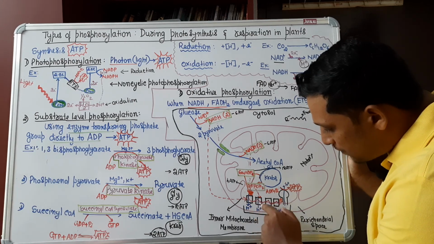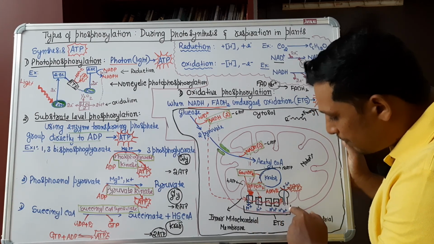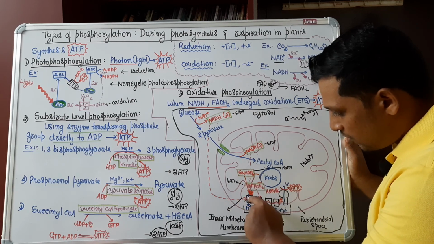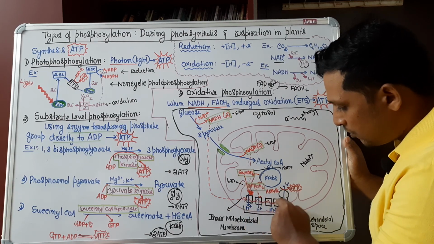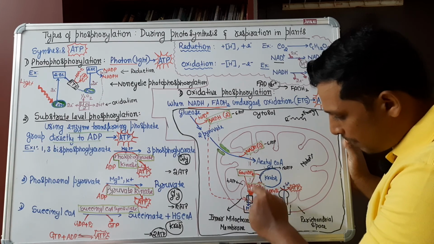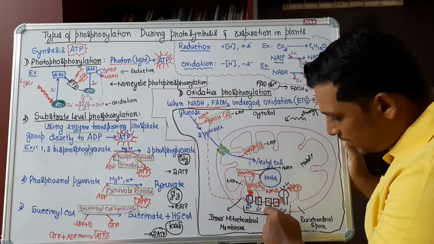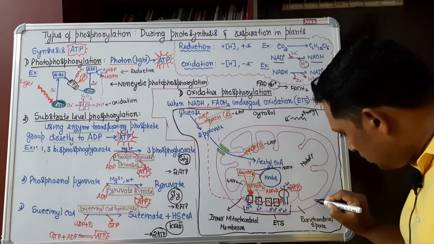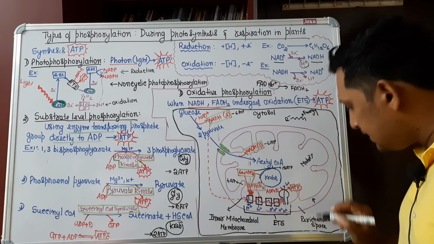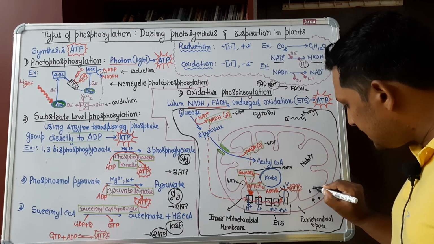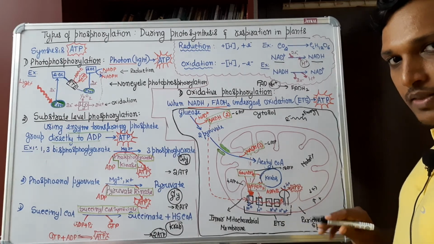So H plus ions are pumped. So what has happened? NADH has lost its electron to the ETS. When electrons are moving, a large amount of energy is released. The energy is utilized to pump the protons to the intermembrane space. As a result, the concentration of protons increases in the intermembrane space and decreases in the matrix.